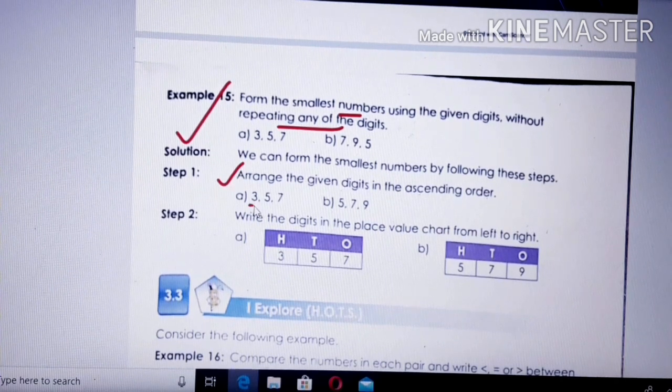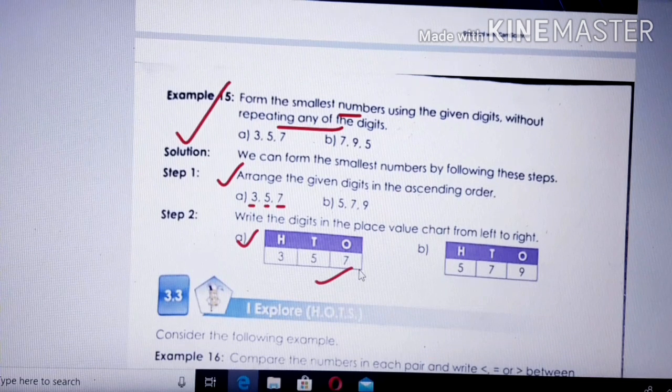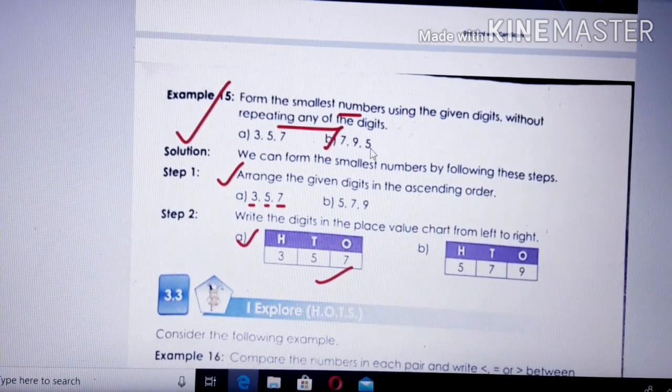First you write 3, 5, 7. Place them in the place value chart. You will get 357. So with the digits, the smallest number is 357. See number B. 7, 9, 5. Arrange them in ascending order.